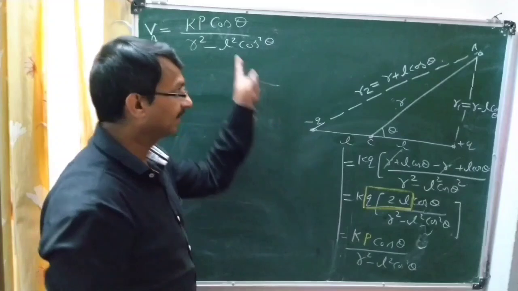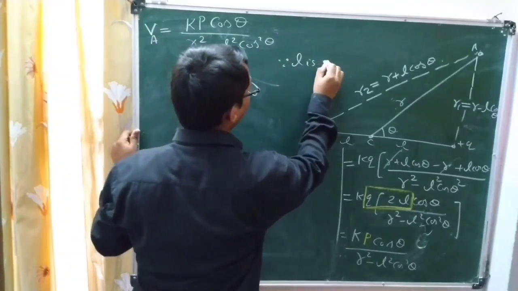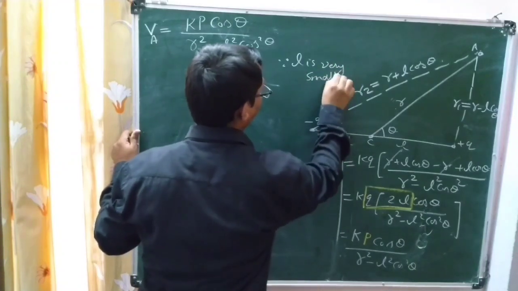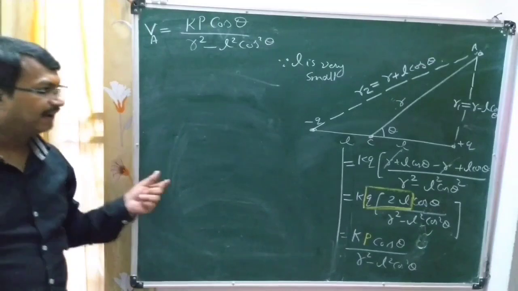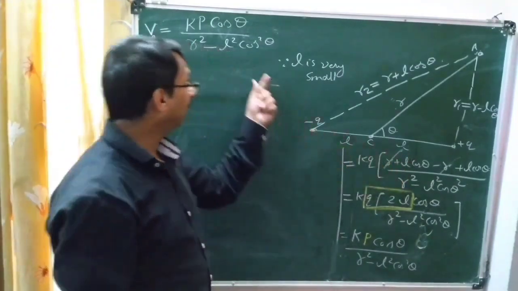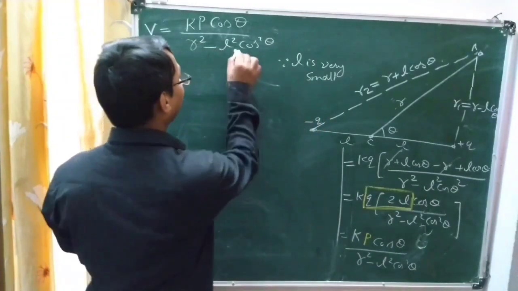This term is rewritten here. Now because L is very small, this is the general condition of an electric dipole, that its length should be very minute. So L square will become very small, so we can neglect this term.